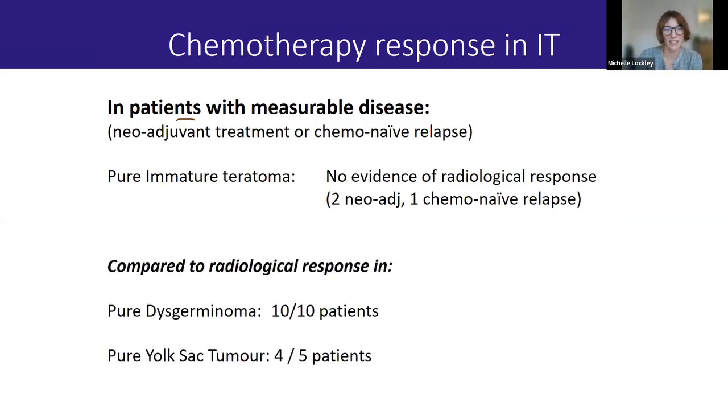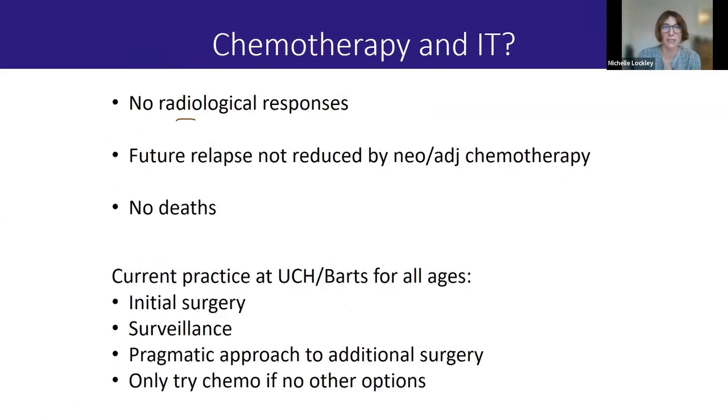And that does compare to our other histologies. So dysgerminoma, all 10 patients in which we could measure a radiological response did respond, and yolk sac, it was 4 out of 5. So it suggests, at least, that immature teratoma is perhaps less chemotherapy sensitive than the other subtypes.